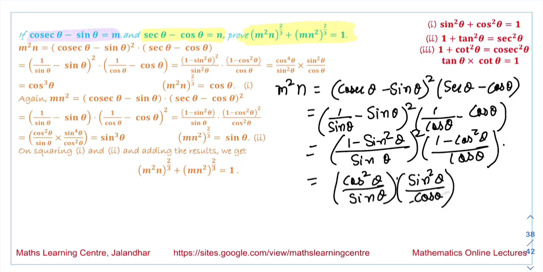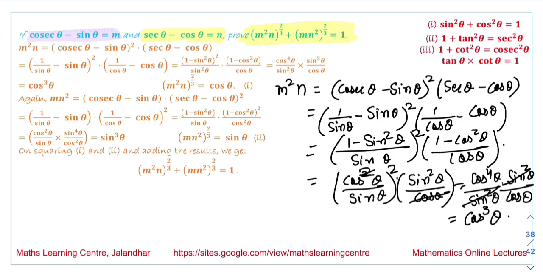Now this cos theta and this cos theta get cancelled. So what we get is cos 4 theta over sin square theta into sin square theta over cos theta. These two get cancelled and we are left with cos cube theta. So we are saying the value of m square n is cos cube theta.